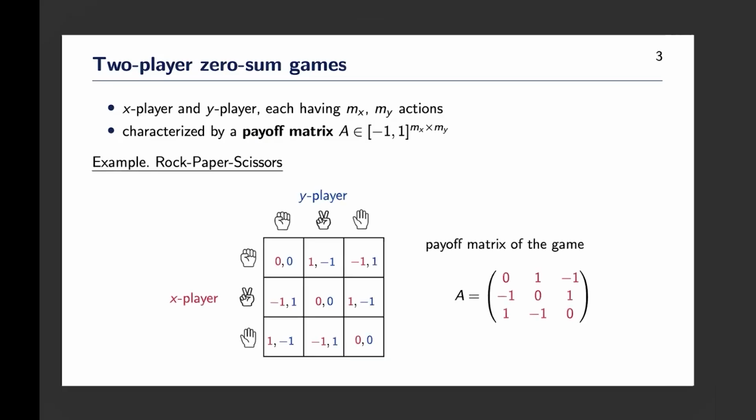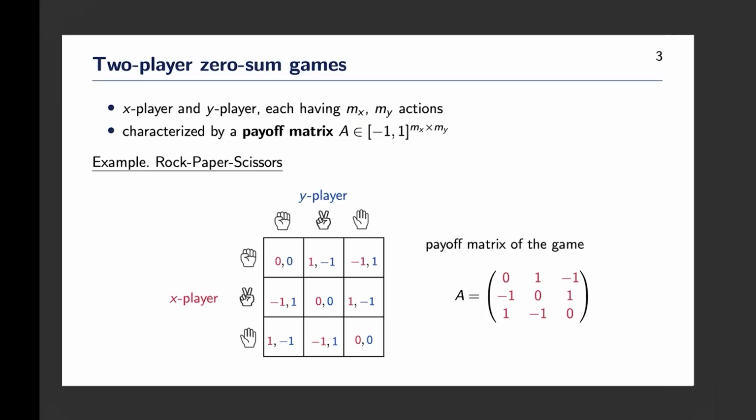One of the most famous examples of such a game is rock, paper, scissors. Here there are X and Y players, each having 3 actions: rock, paper, and scissors. If the X player chooses rock and the Y player chooses rock, the payoff for both players is 0.